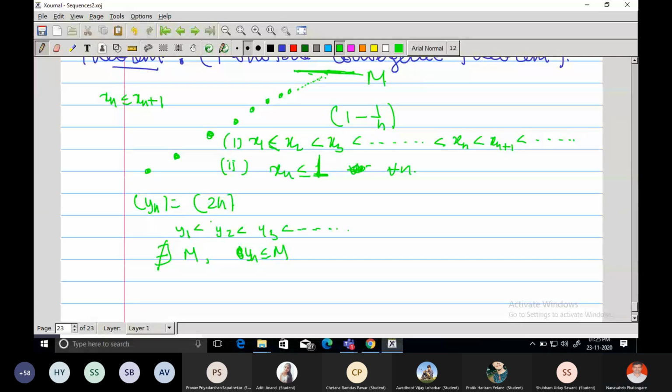So, what is one more difference you observe in these two examples, xn and yn?